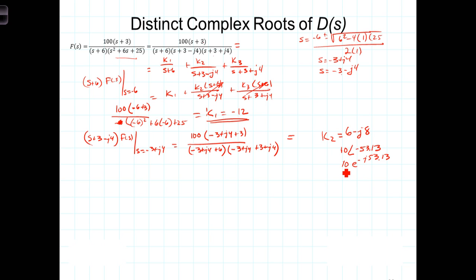So we have a magnitude of k2 here of 10 and a phase of k2 equaling negative 53.13. We're going to need that when we come back here, when we get just a little bit further along.